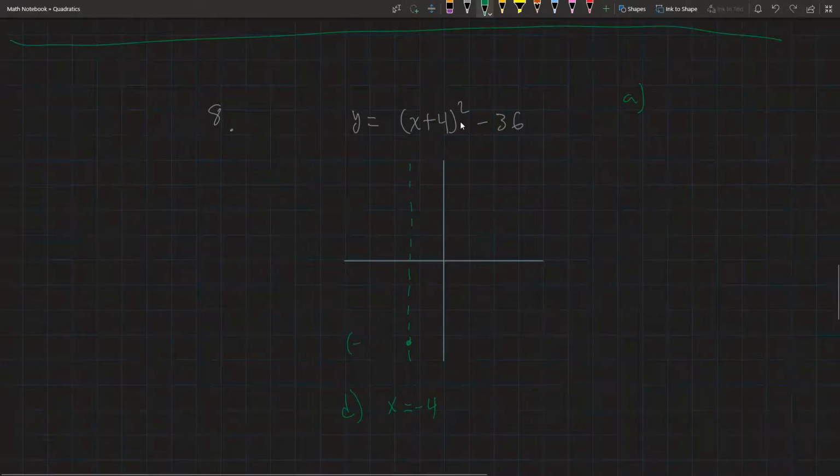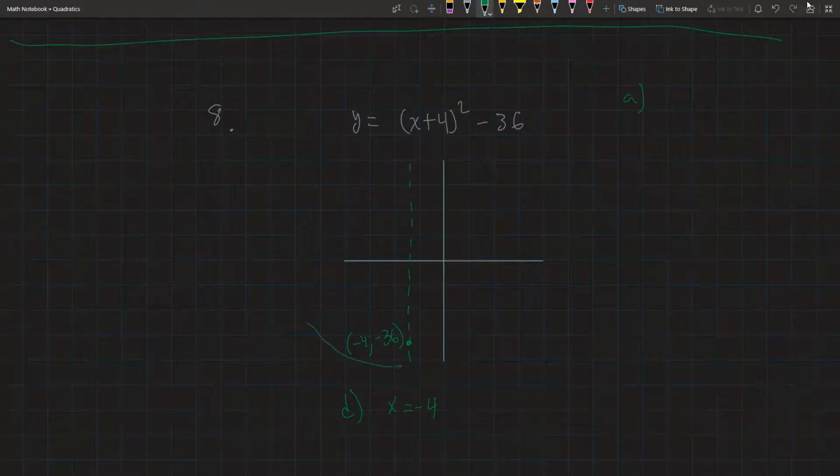Whoops, it should be (-4, -36). All right. And there it is. This is letter A, the vertex.